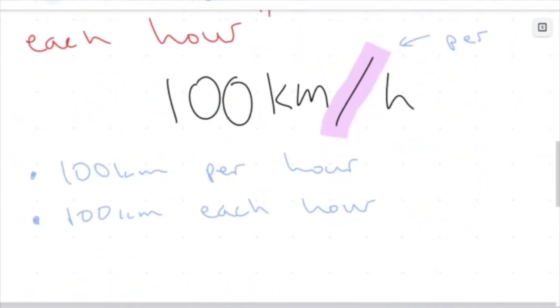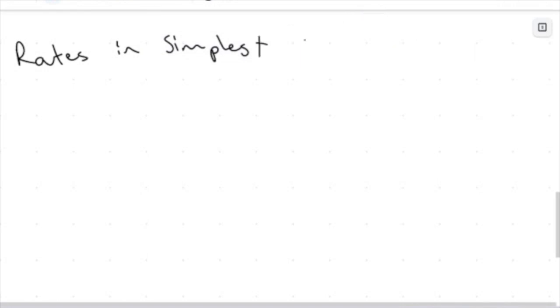And we express rates in a bunch of different ways, but we're always looking at two measurement units. And in maths, it is conventional to write rates in their simplest form. So for rates in the simplest form, this means writing the rate for only one unit of the second quantity. Now, we'll talk about this in a second.